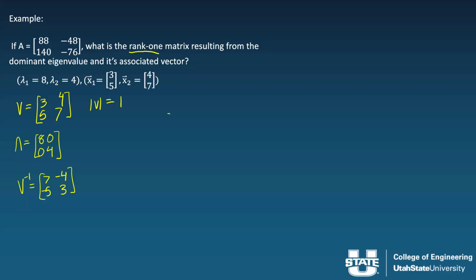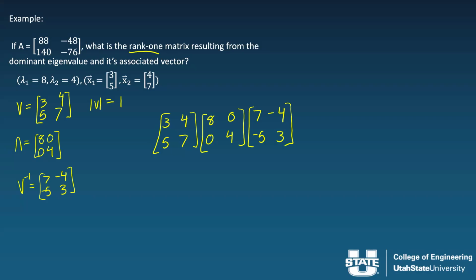And then I'm going to write it all out to see what it looks like in the context of the original equation of the diagonalization. Okay, because we're asked for the rank 1 matrix, my value of interest is this lambda 1 position, the first pivot point in the first column.